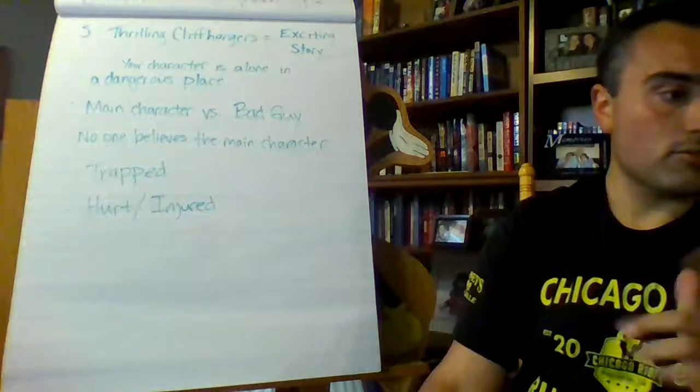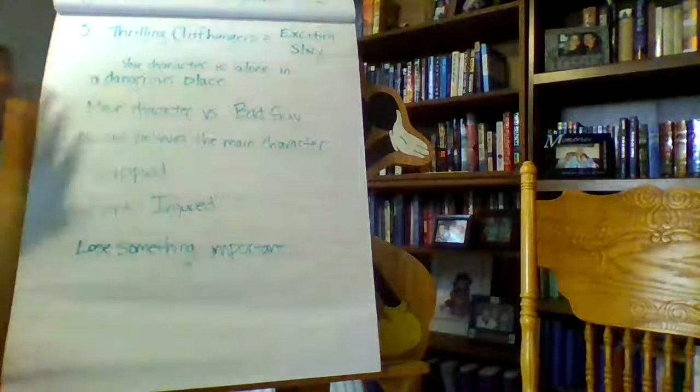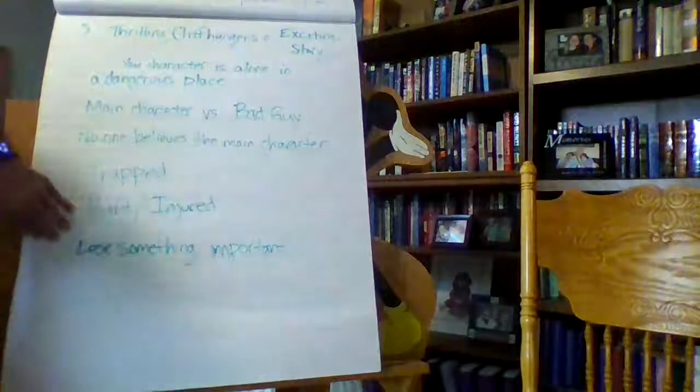So the main character might lose something important. So these are some good ideas for cliffhangers if you want to pause, maybe zoom in on something that you like. And then we're going to go to the final one now.